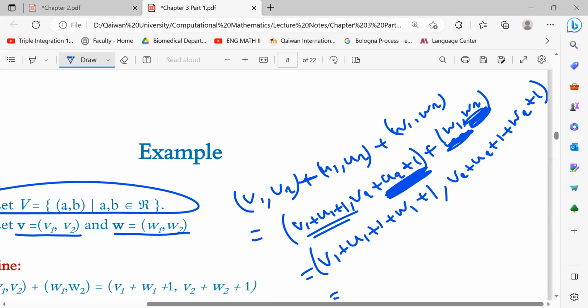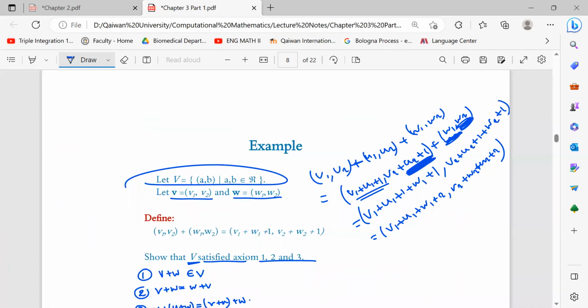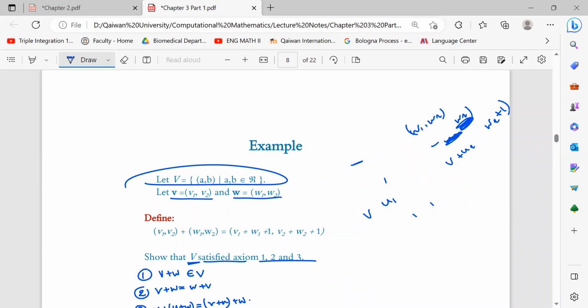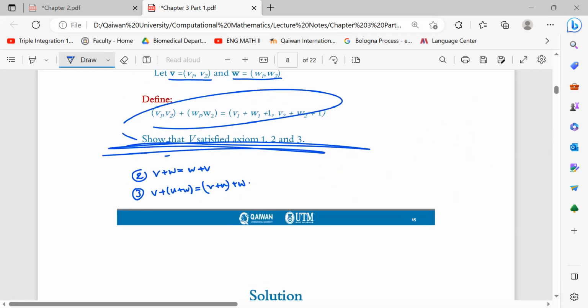So the result is V1 plus U1 plus W1 plus 2, and V2 plus W2 plus U2 plus 2. This is the sum of U, V, and W. That's it. Now we need to show that this space under this definition satisfies these three conditions.